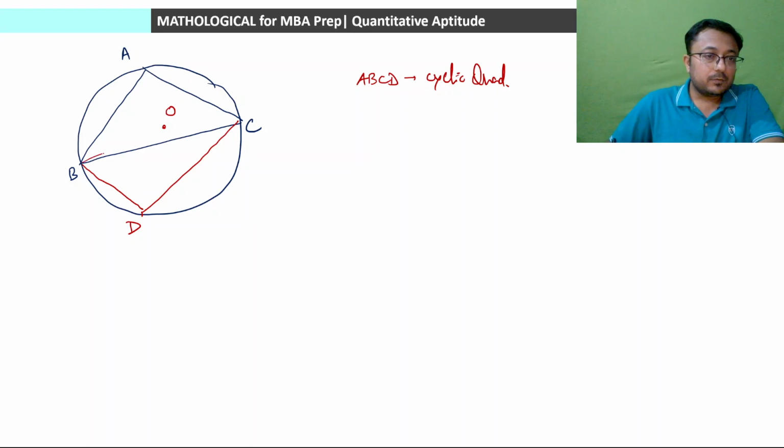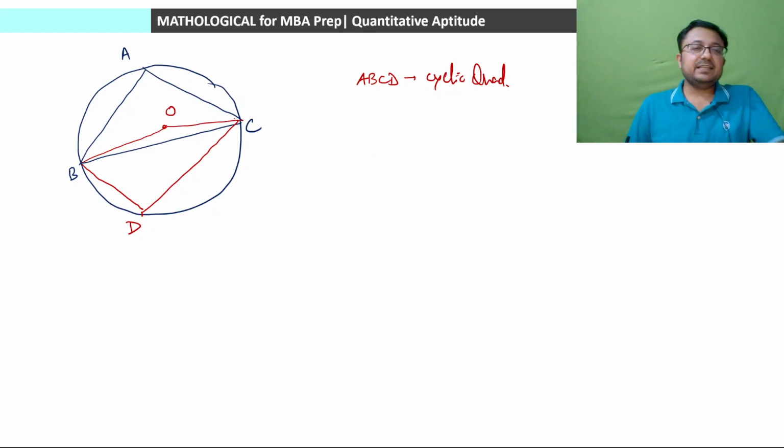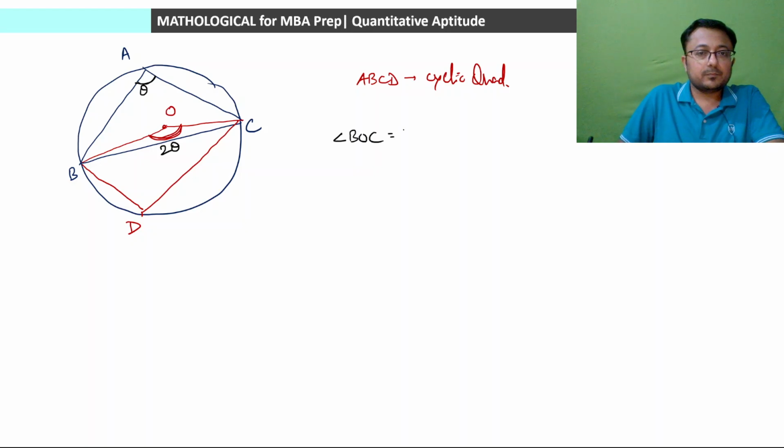So if you join point B and C from O, so this angle we've seen in the sessions on triangles. This angle BOC will be twice that of angle BAC. So if angle BAC is equal to theta, angle BOC will be 2 theta.